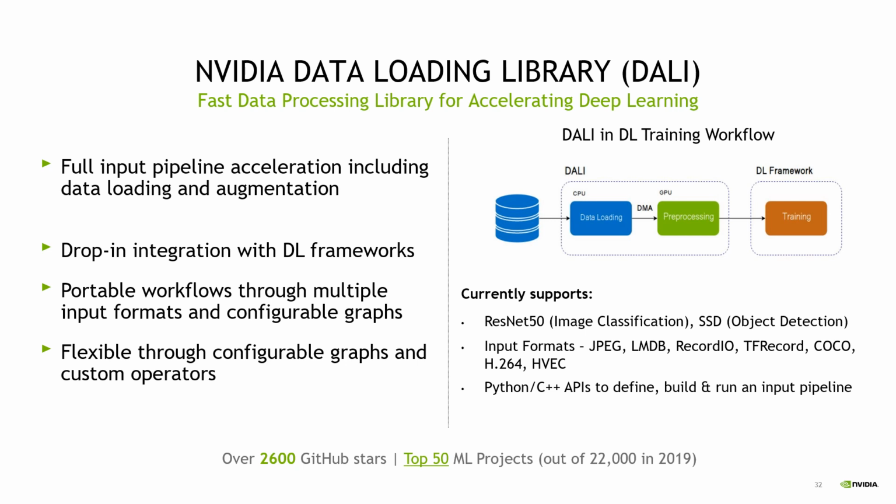So this is a very important extension point. We support natively different data formats, such as RecordIO or TFRecords for TensorFlow, for instance, COCO, the JPEG, of course, and an API in Python and C++ to create and run your pipeline, but also to create your own specific data loader.